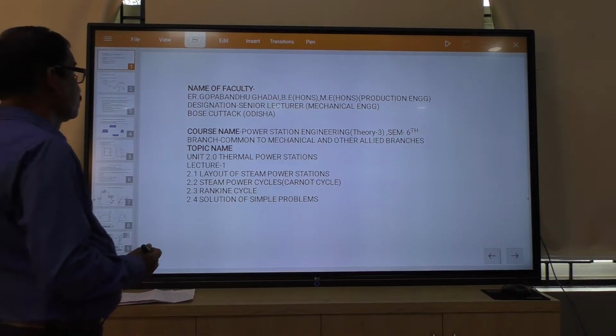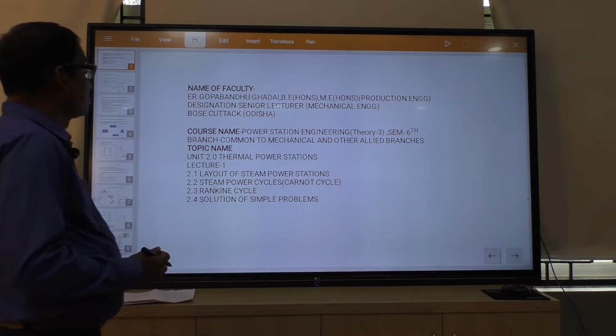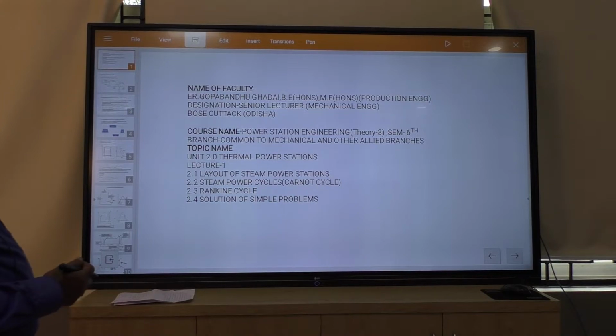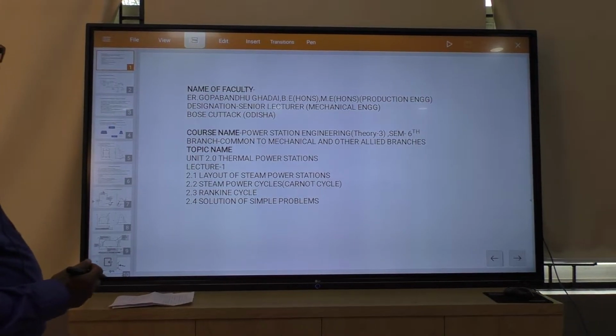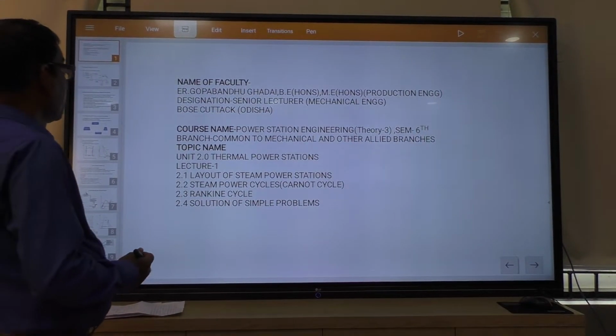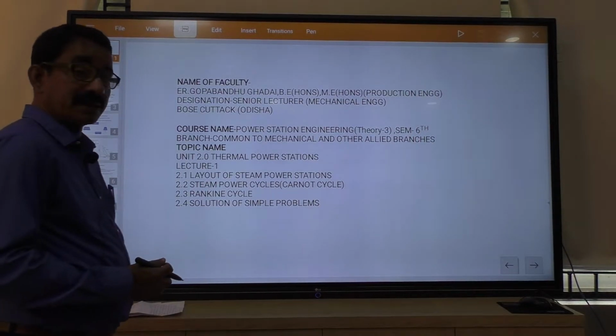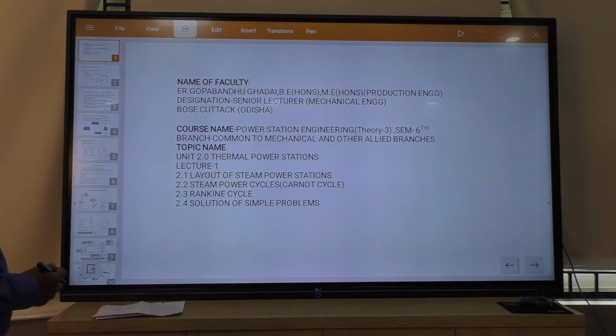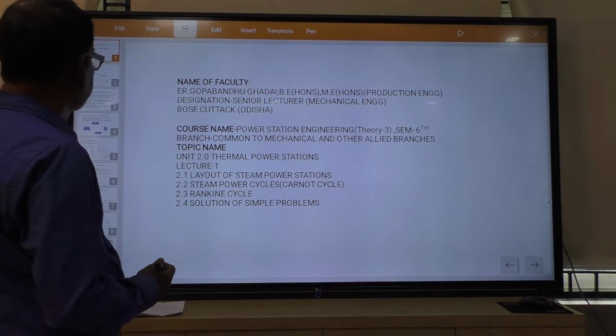First is this thermal power station which is coal based, another is the nuclear power plant, next is the diesel power plant, and another is the gas turbine power plant. These are common and called thermal power stations.